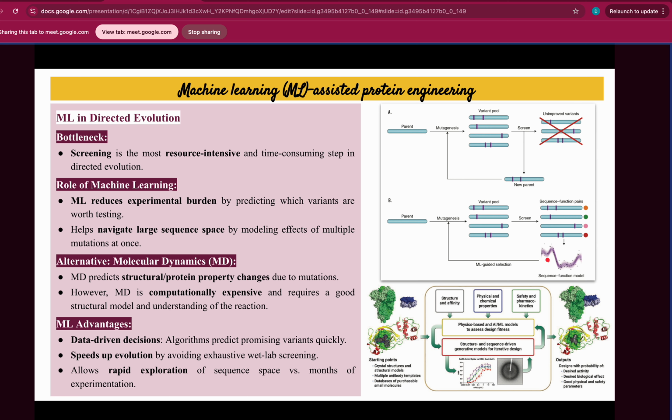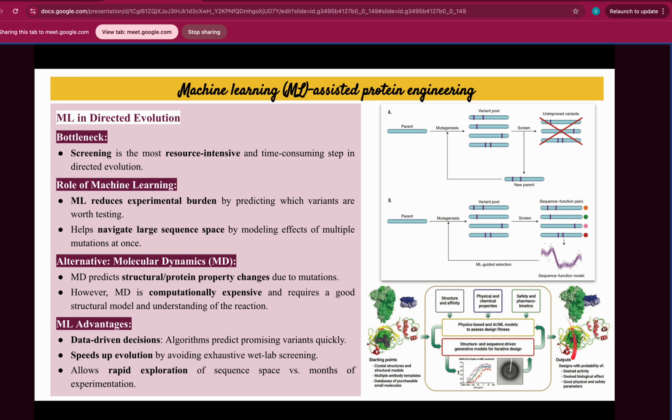The sequences which give you the better functional output, that particular sequence change you will consider, and you will go with the experimental validation for that particular mutation only. So this is how ML guided selection can increase the chances of getting better outputs in the experimental methods and reduce the efforts.